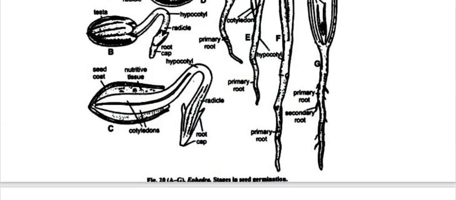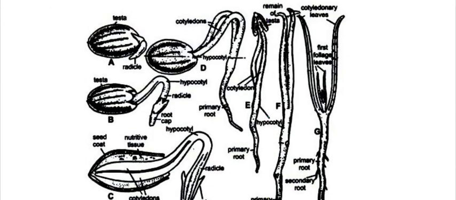Now let's see the diagrams of germination of Ephedra seed. This is the Ephedra seed and this is the testa of the seed. When the seed starts to germinate, it ruptures at one end, the micropylar end, and the part of the embryo which comes out is the hypocotyl. The hypocotyl is the region from which the radicle is produced.